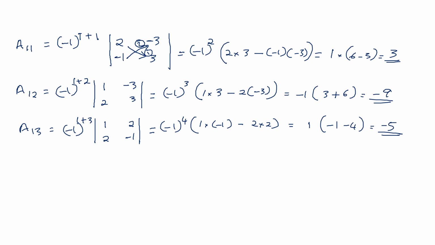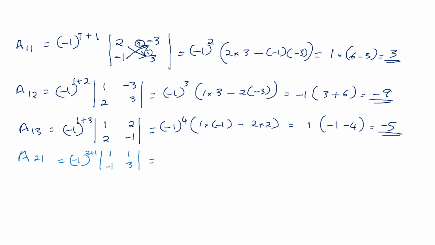Same way we have A21. Okay, so first row is over. Now next one is A21. So A21 is minus 1 to the power 2 plus 1 into the minor there, that is 1, 1, minus 1, 3.